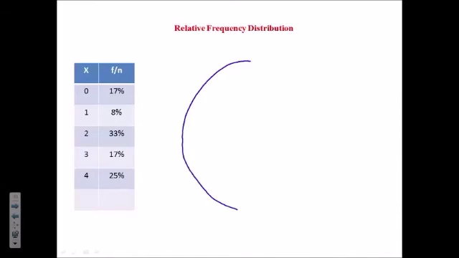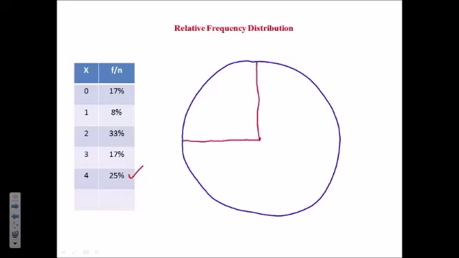A pie chart can be drawn from this relative frequency distribution. Let's start with the raw score of 4. That makes up 25% of the distribution. That would be 1/4 of the circle, so that would be 4. Now notice that 0 and 1 add up to another 25%, so we could make another quarter of a circle for those two.